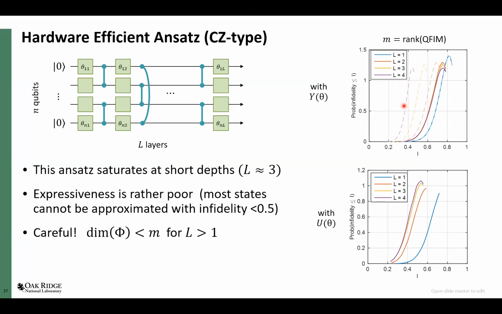But that depends on the dimensionality of the manifold, which in principle you don't actually know. So naively, you just take that to be the number of parameters, the number of angles.